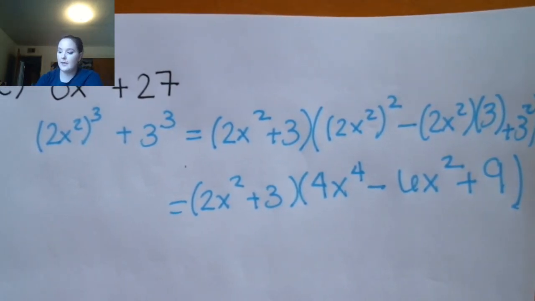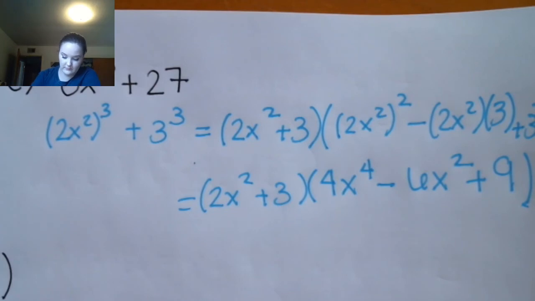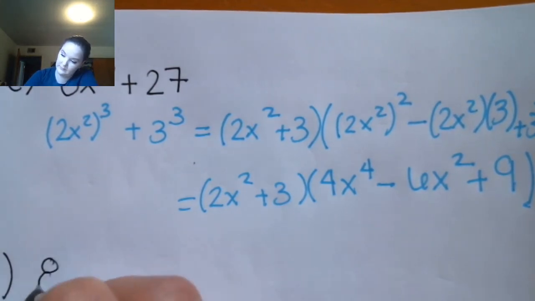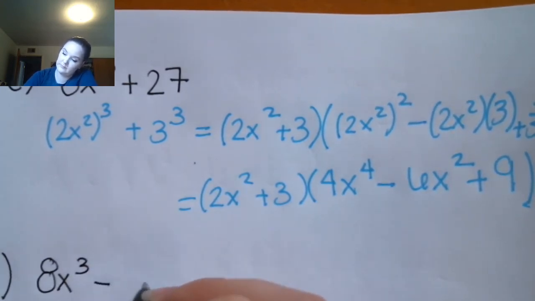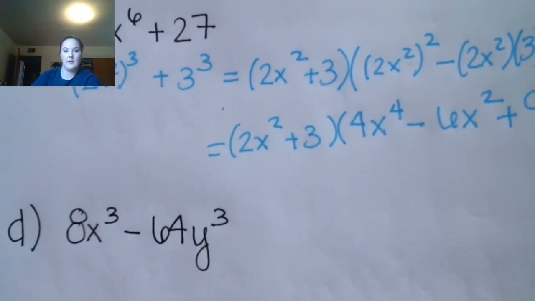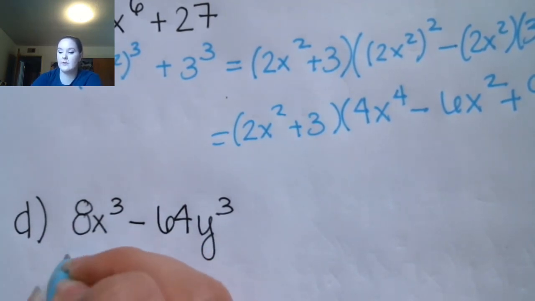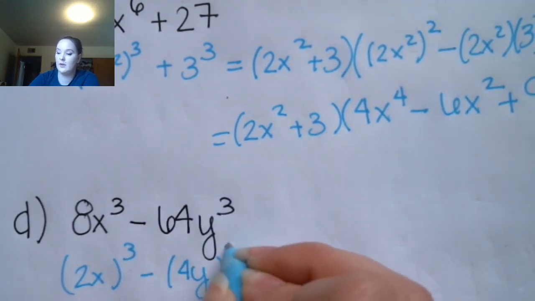Let's do one more example. Now we can see that this right away is the difference of cubes because this is 2x cubed minus 4y cubed.